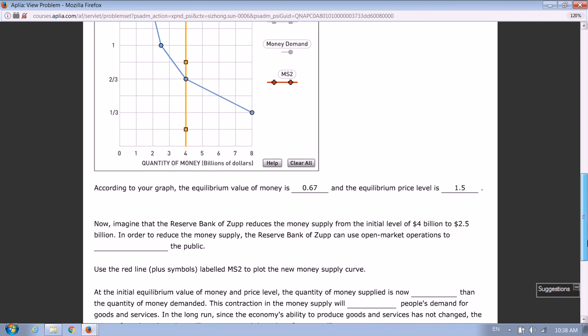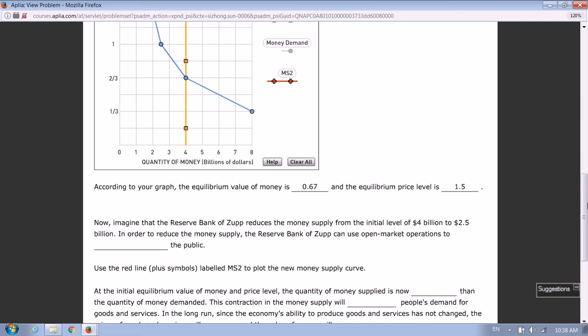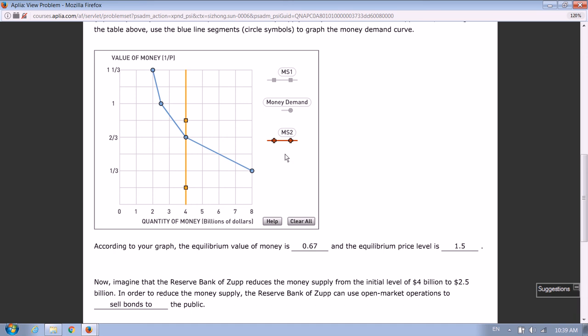To reduce the money supply, the Reserve Bank can use open market operations to sell or buy bonds. Sell bonds: you pay me money, I take money out of the economy, so it's sell bonds. Use the red line to label the new money supply curve, so it's 2.5 billion. Okay, that's the new money supply curve.